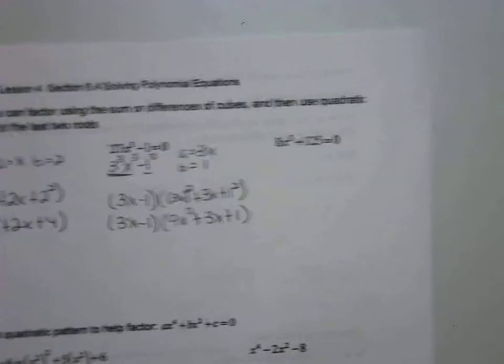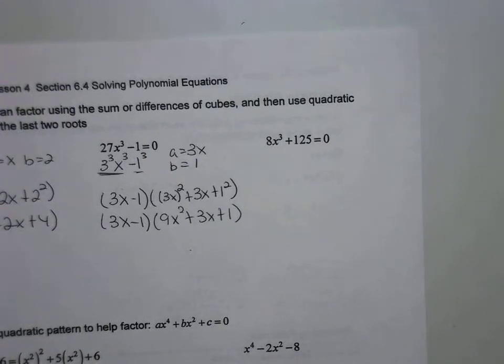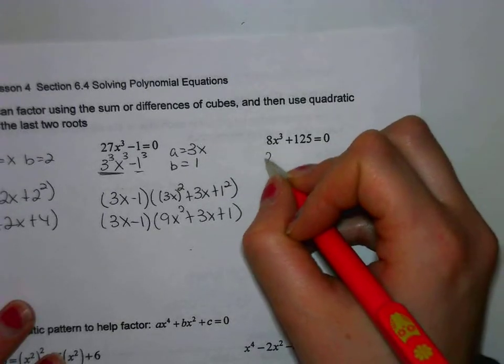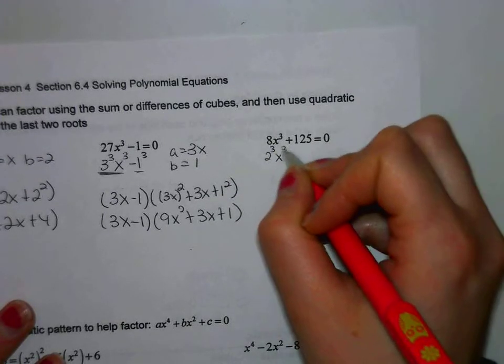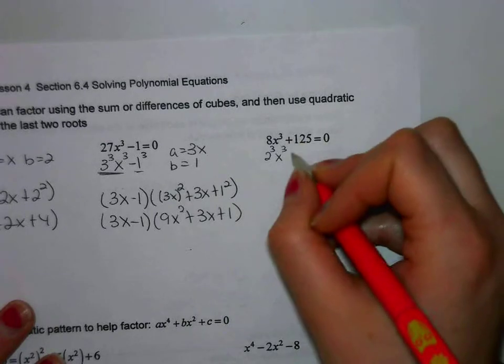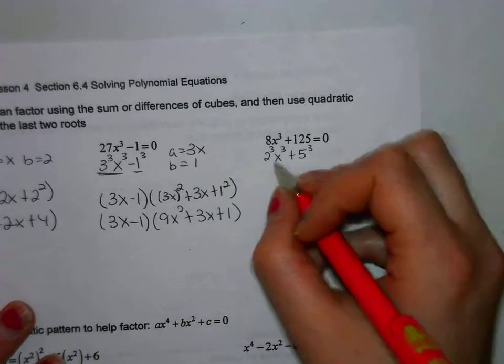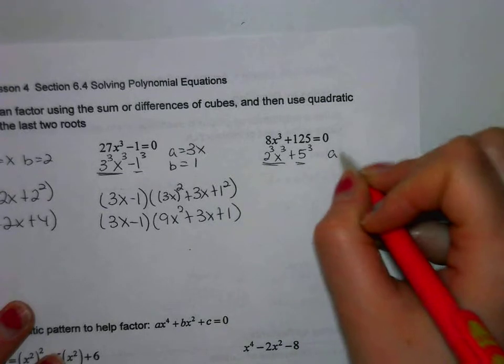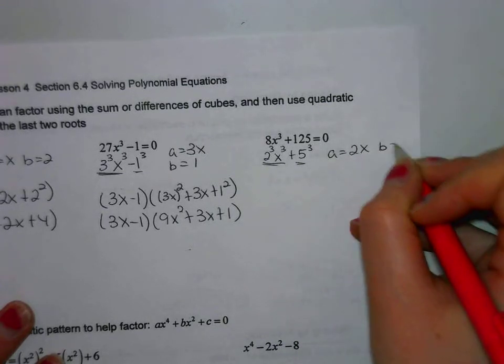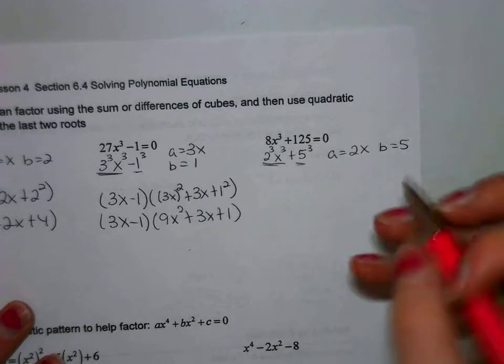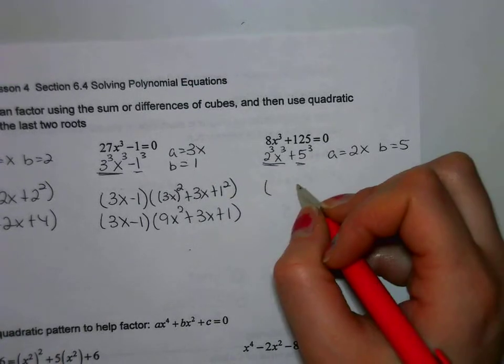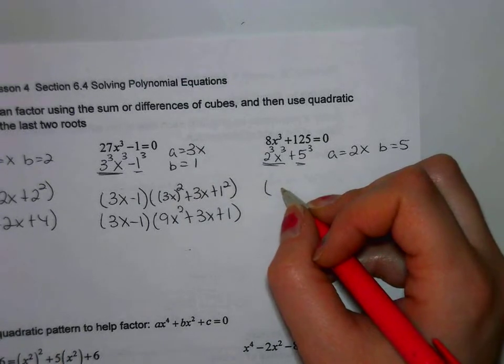Let's look at this last one. Rewrite the problem. We end up with 2 to the third, x to the third, because 8 is really that. We already know that 125 can be written as 5 to the third. So a equals 2x, b equals 5. So let's rewrite using the sum of cubes.